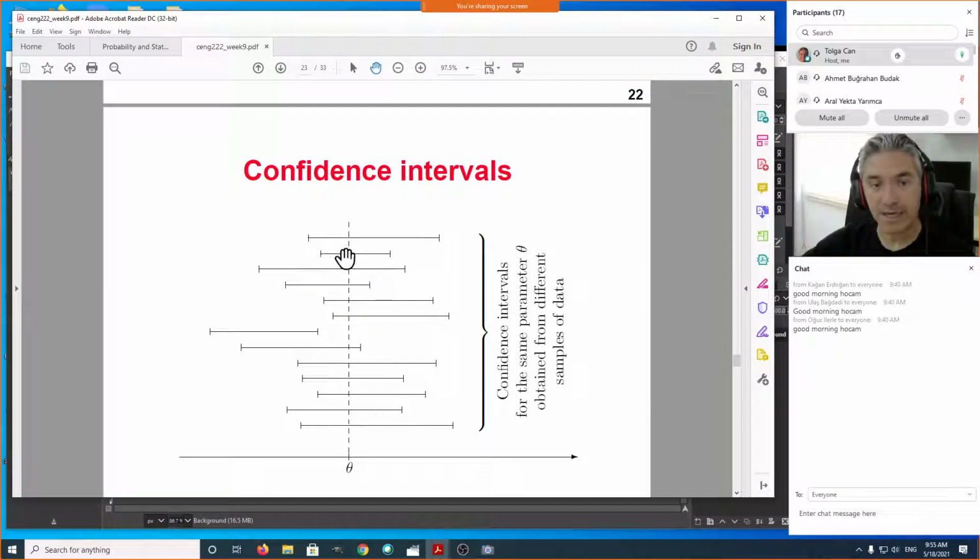Saying that with 95% confidence our interval contains theta means that if we collect, for example, 100 different samples like this, 95 of those confidence intervals are going to contain the real population parameter. So this is what we did last time. This was a 15-minute recap of what we have done 2 weeks ago.